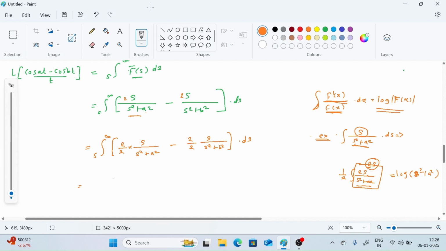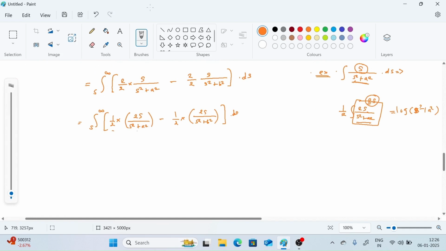I will write integration s to infinity 1 by 2 into 2s upon s square plus a square minus 1 by 2 into 2s upon s square plus b square, right? Into ds.